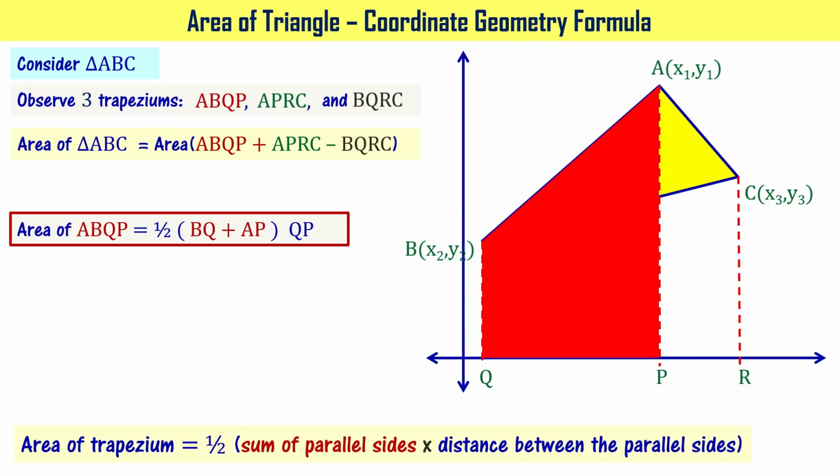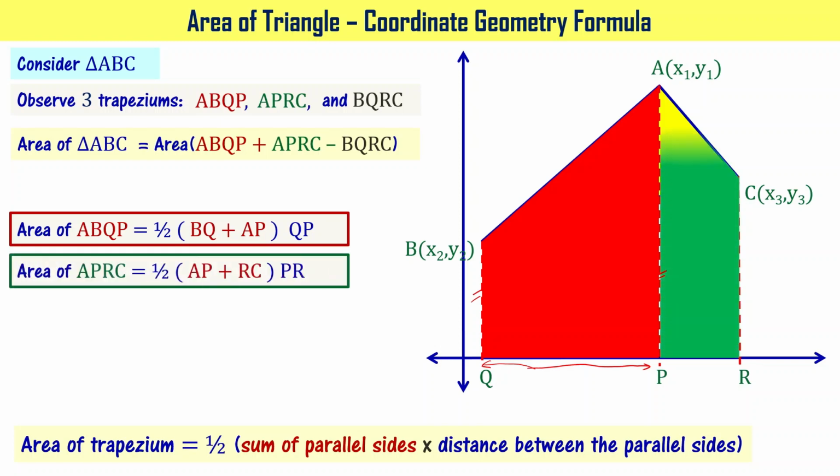In this particular case, the parallel sides are BQ and AP, right? That's what we have written. BQ and AP are the parallel sides, and the distance between them is QP, that is here. So area of ABQP now can be written as half times (BQ + AP) times QP, right?